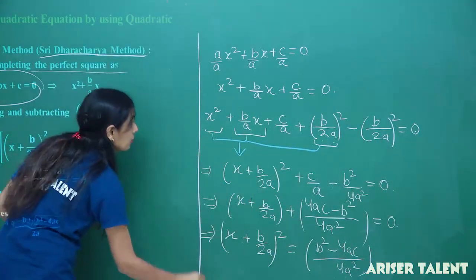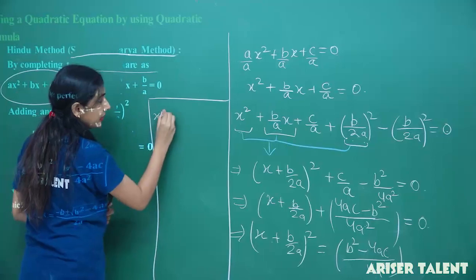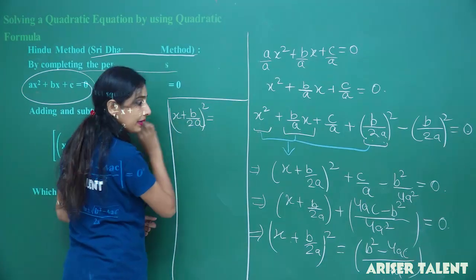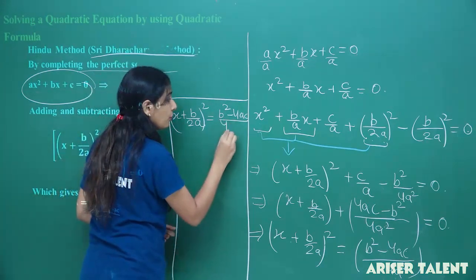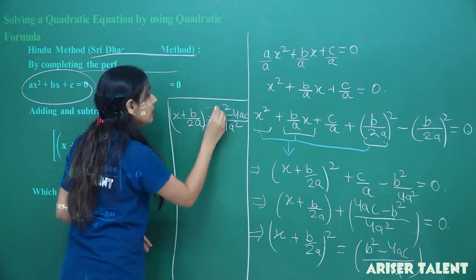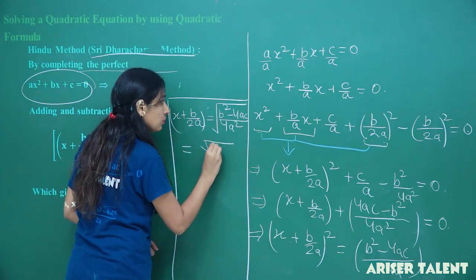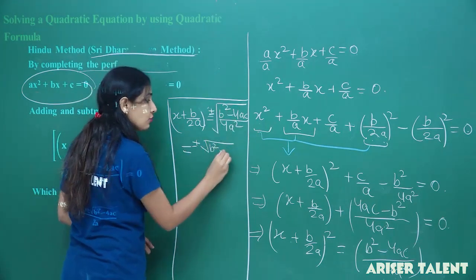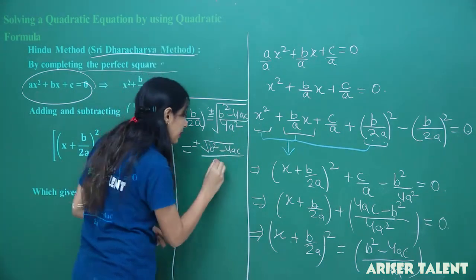So x plus b by 2a whole square will be equals to b square minus 4ac upon 4a square, or I can say this value will be root of this. Now I am solving this, it can be in plus and minus, so that can be plus minus root of b square minus 4ac. Now root 4a square is equals to what? Nothing but 2a.